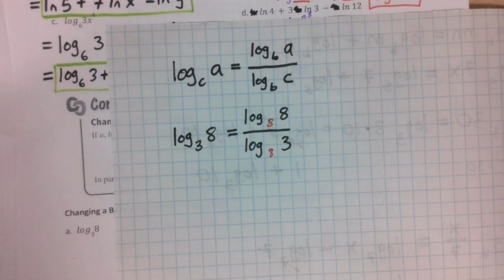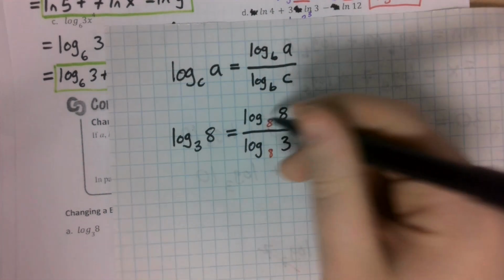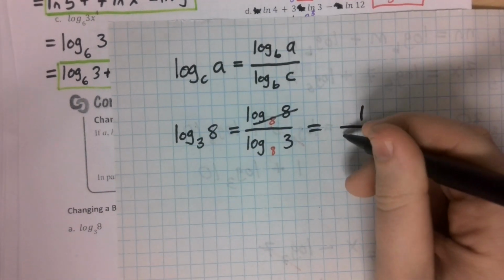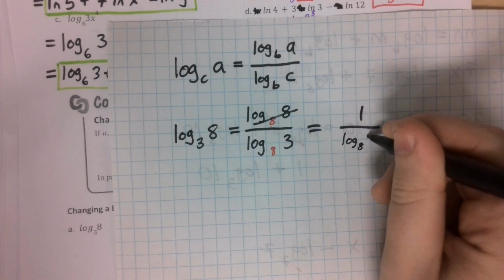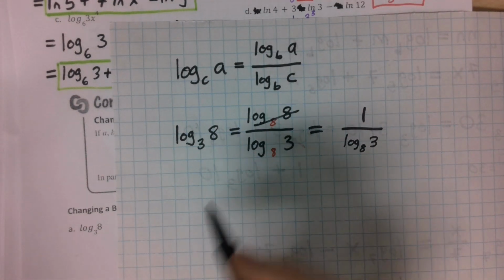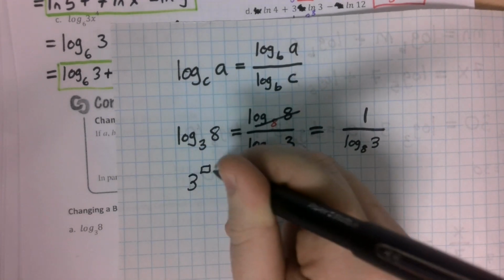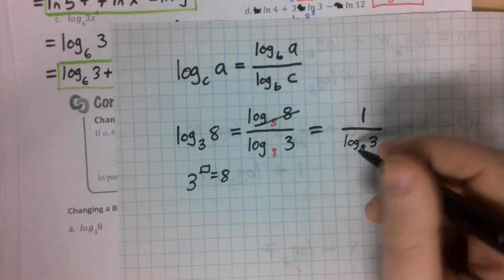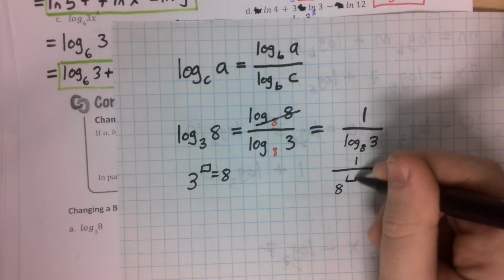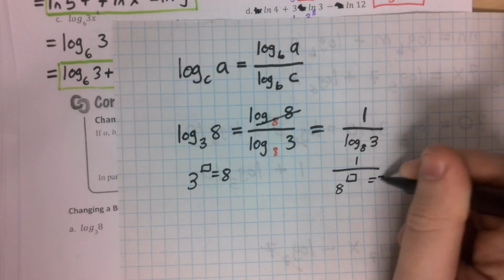If I make it 8, for instance, we see that log base 8 of 8 cancels out to just make 1, and log base 8 of 3 would be our denominator. So what we've just done is changed it from 3 to the something power equals 8, into 1 over 8 to the something power equals 3.